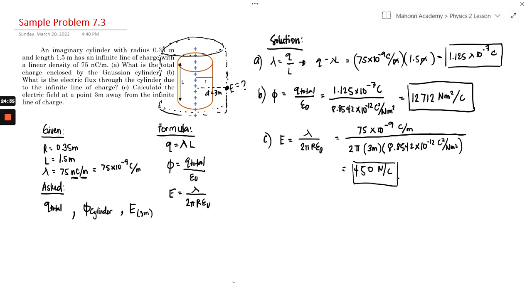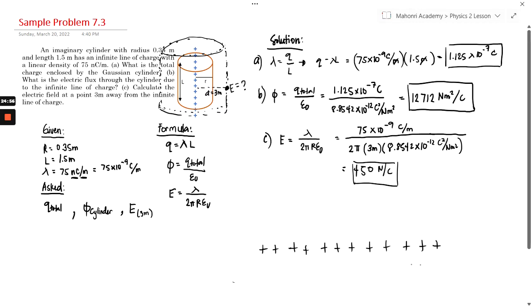Okay, so this is only for cylindrical symmetry, and again we use this if we have an infinitely long line of charges. So if we have an infinite line of charges, for example various positive charges, this can be negative too, right?